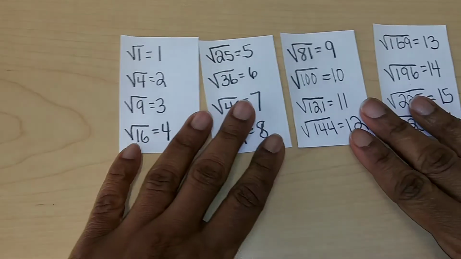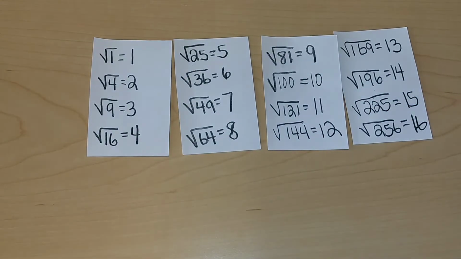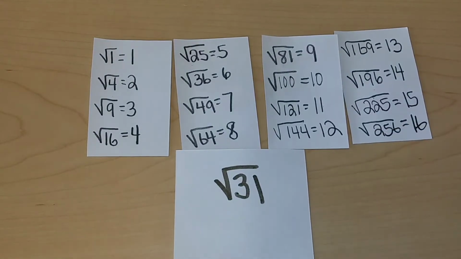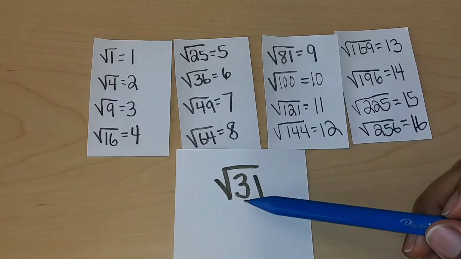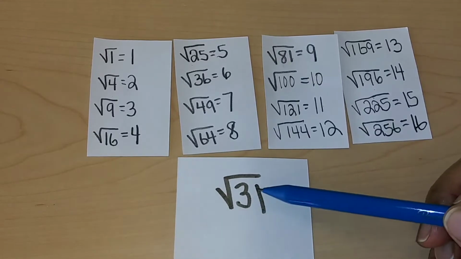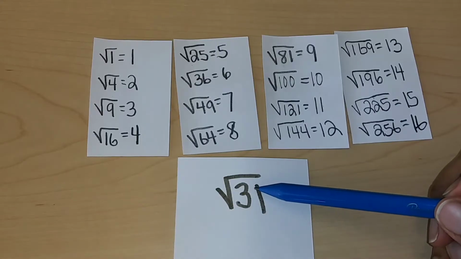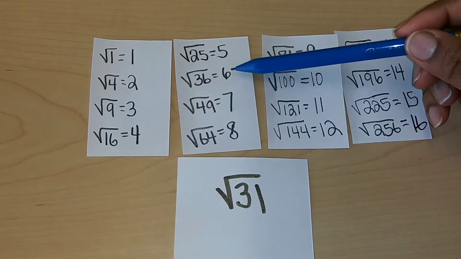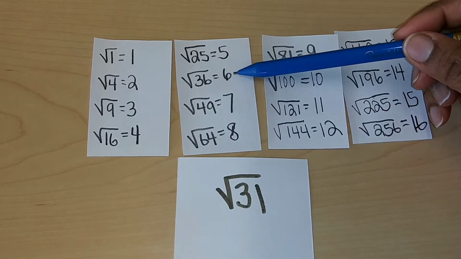Okay? If we had the square root of 31 and I wanted to find the two consecutive whole numbers between which this square root lies, the first thing I need to do is identify that the square root of 31 lies between the two consecutive perfect squares of 5 and 6.